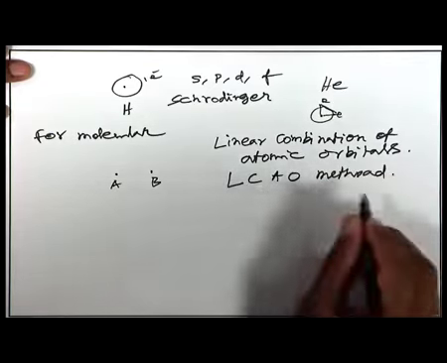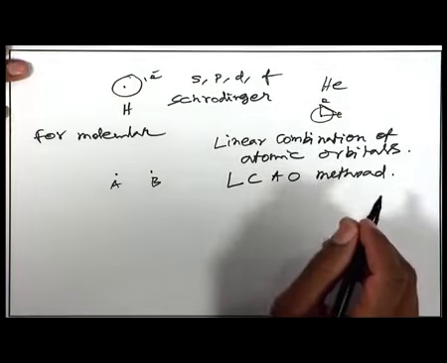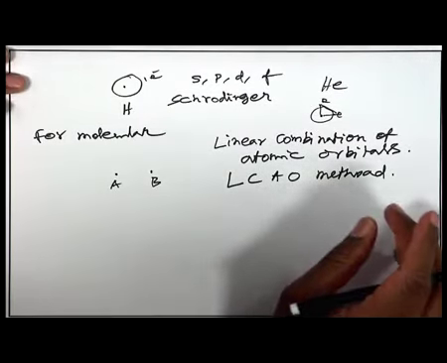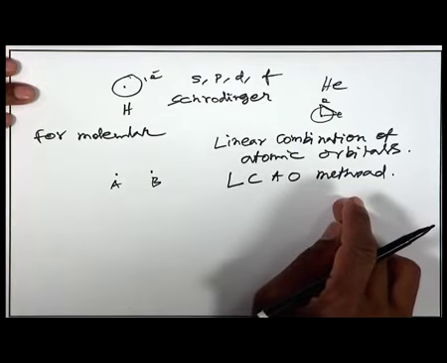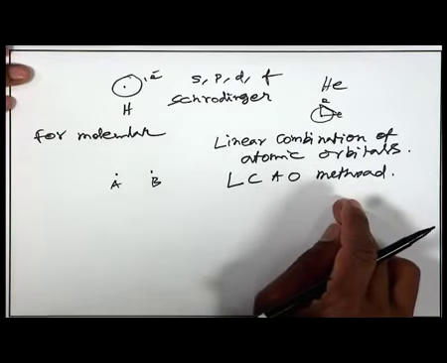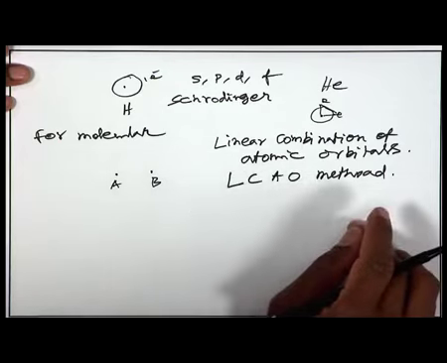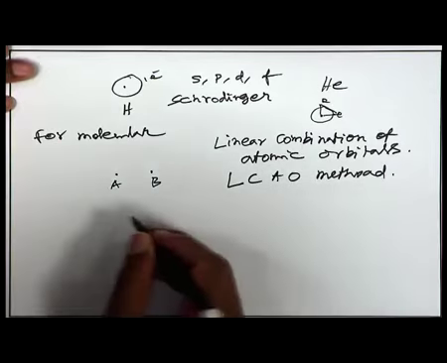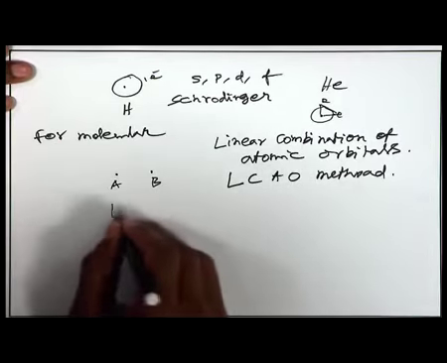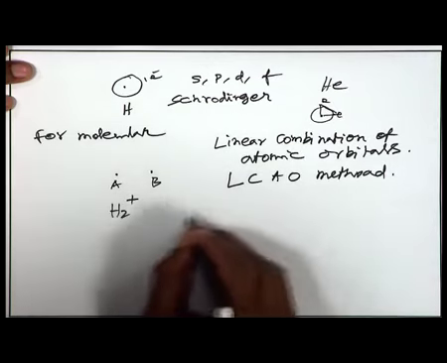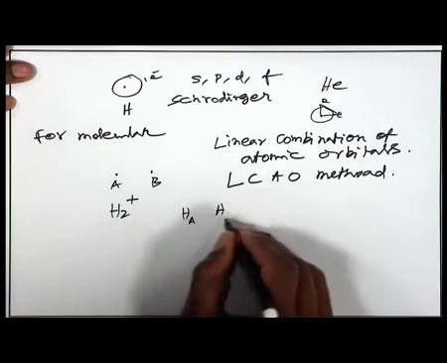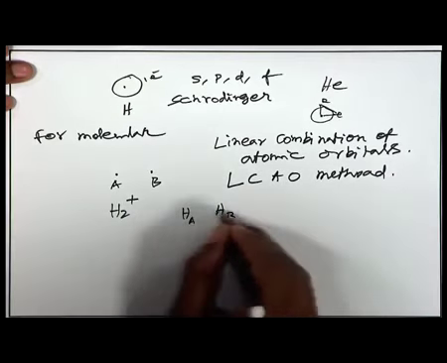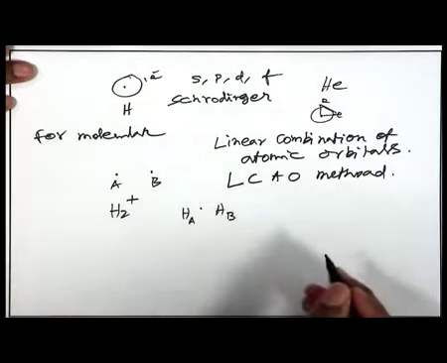Let us see what the basic logic behind this method is for finding out the energy levels in molecules. Let us see an example, a molecule of this type, H2 plus. You have a hydrogen atom and another hydrogen atom. Let us say this is hydrogen atom A, this is hydrogen atom B. Between them there is one electron.